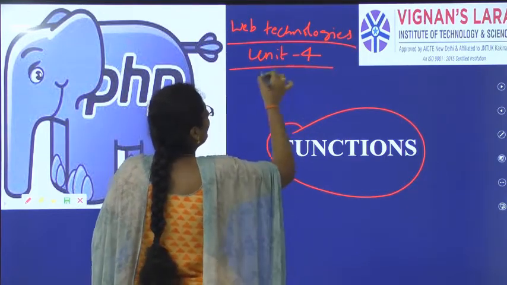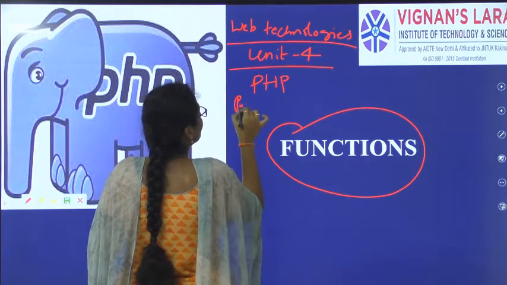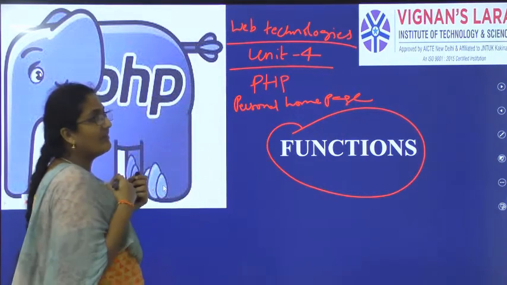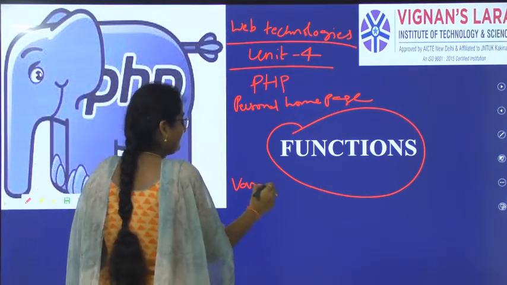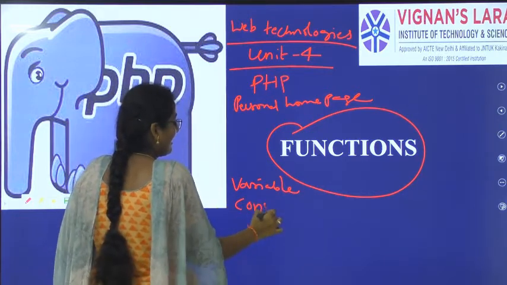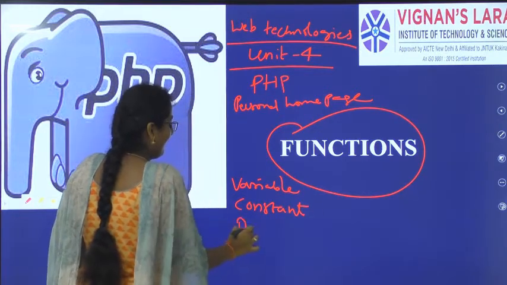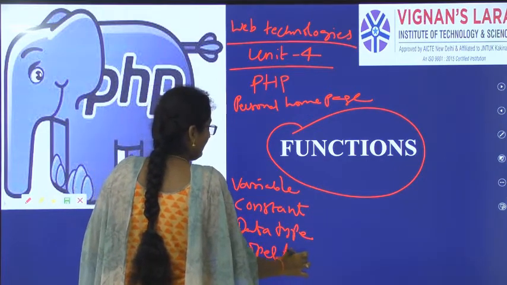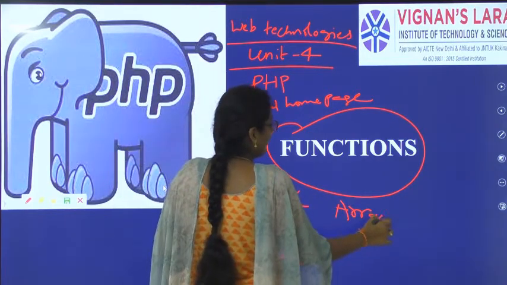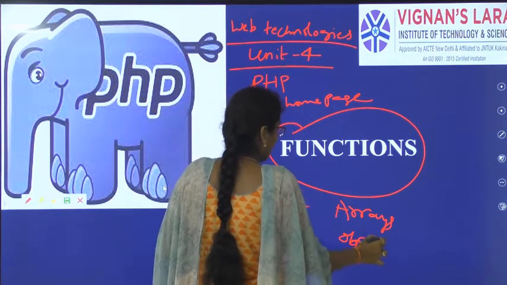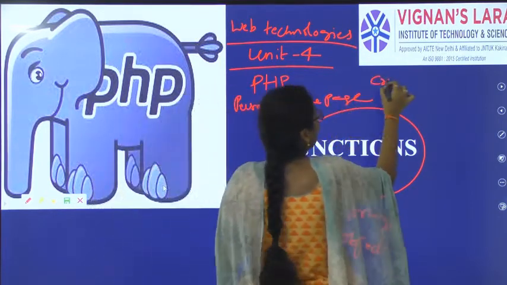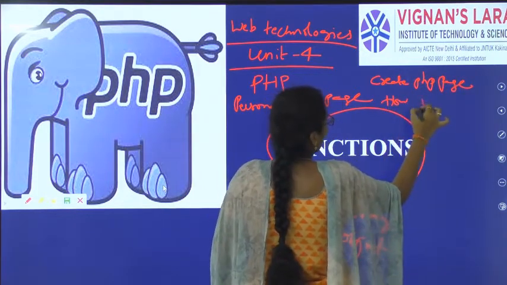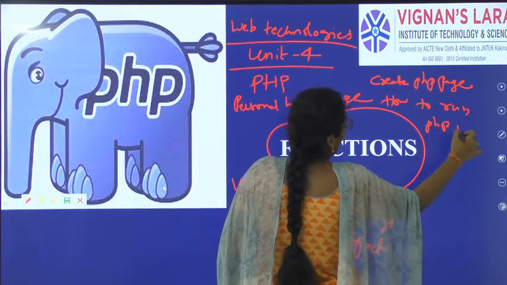Web technologies unit 4, which is PHP, the Personal Home Page, where we have discussed till now what a variable, a constant, a data type, an operator, an array and an object are, then how to create a PHP page and how to run PHP on the Jam server.